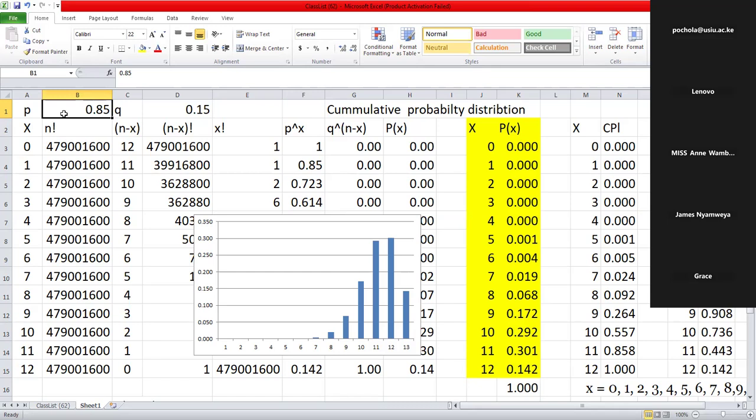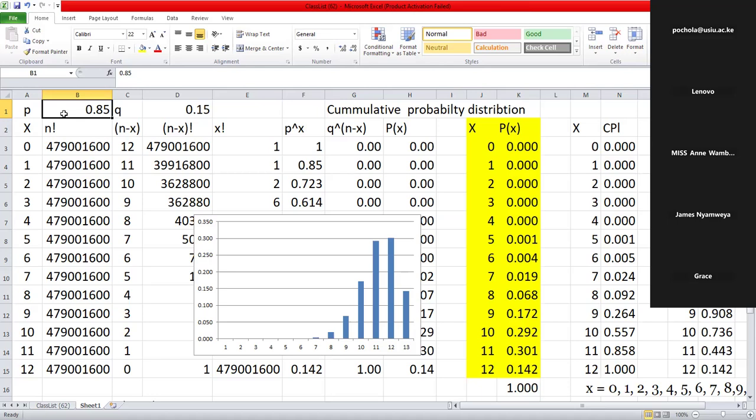The converse, let me simulate. Probably that will make it better for you in terms of understanding what I'm saying. Suppose I change that successful surgery probability from 0.85 to 0.7.